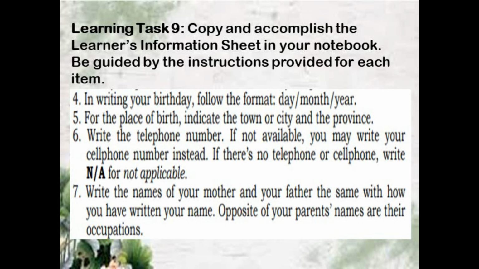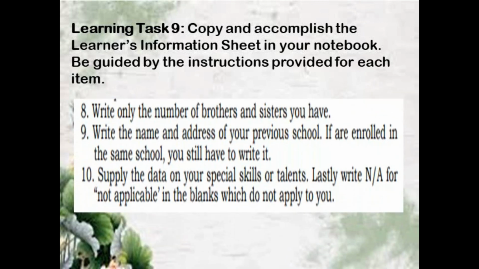7. Write the names of your mother and your father, the same way you have written your name. Opposite your parents' names are their occupations. 8. Write only the number of brothers and sisters you have. 9. Write the name and address of your previous school.